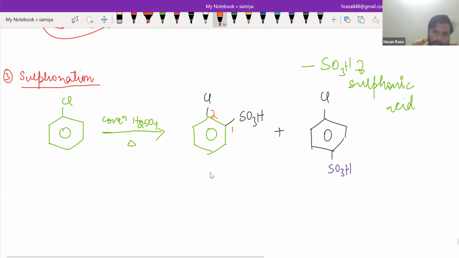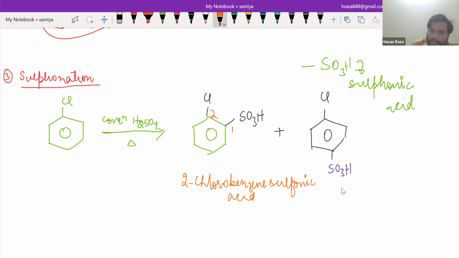The name will be 2-chlorobenzenesulfonic acid, and the other will be 4-chlorobenzenesulfonic acid. So you can easily predict which one of them is minor and major. Please do this.